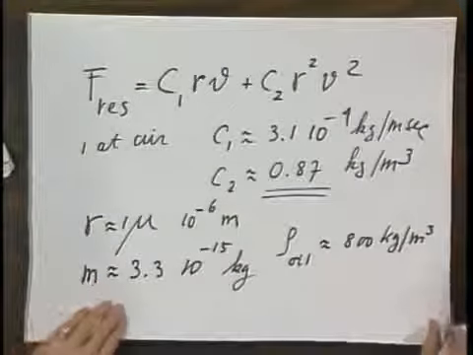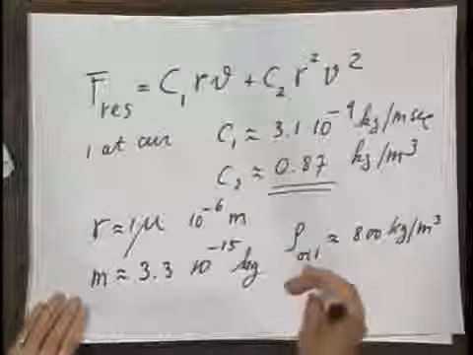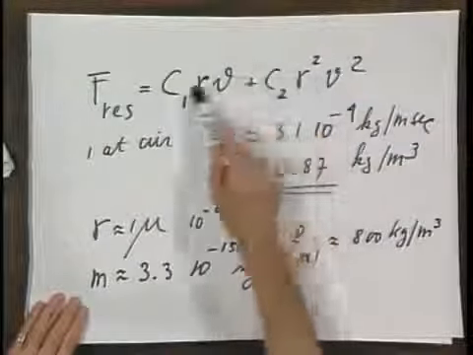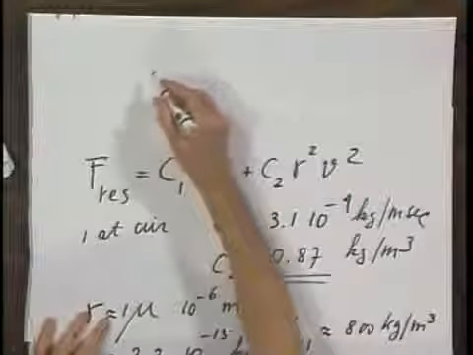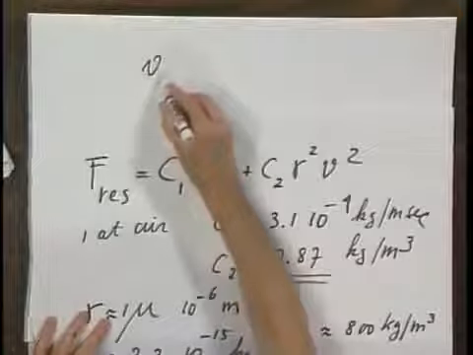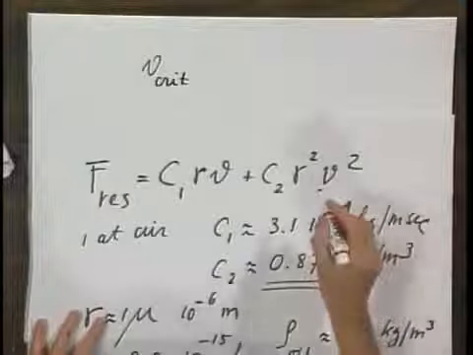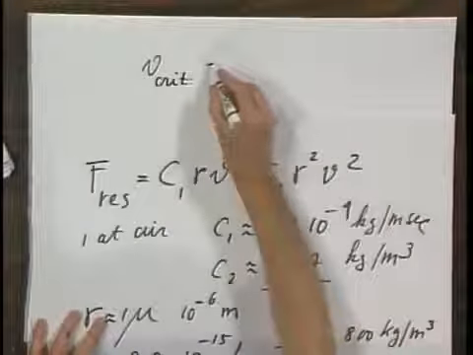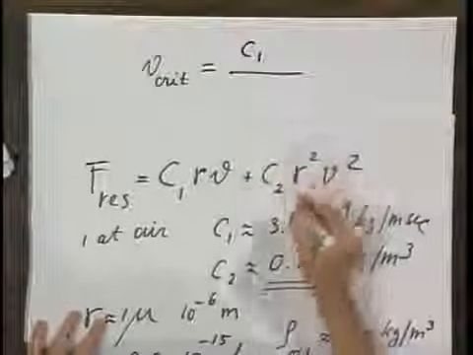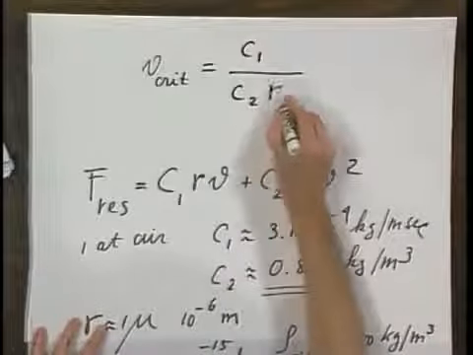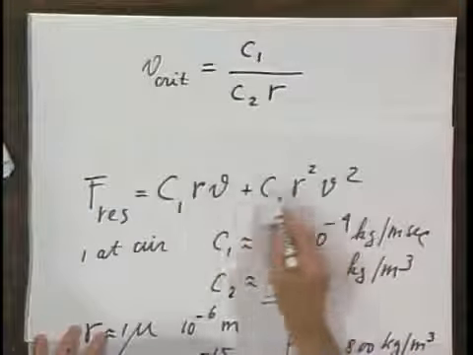If now I want to know at what critical speed these two terms are identical, I can call that the critical speed, and the critical speed is given by C1 divided by C2 times R. That is the speed at which these two terms are equal.